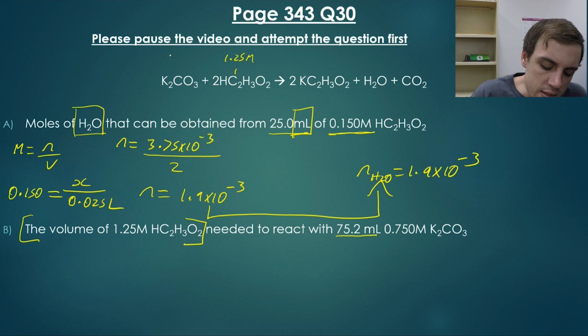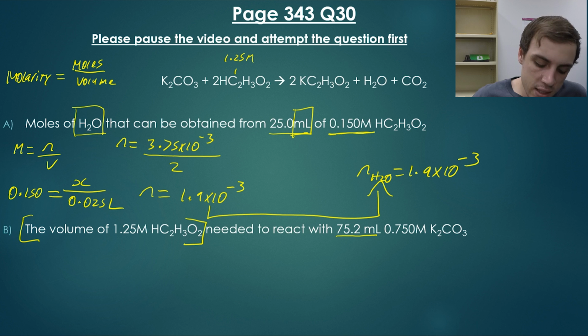A good way to do this is to write the formula: molarity is equal to moles over volume. The question is asking for volume. We don't have the moles, but we do have the molarity. So this gives us an indication that we need to target moles, because we can do that with our information from the potassium carbonate.